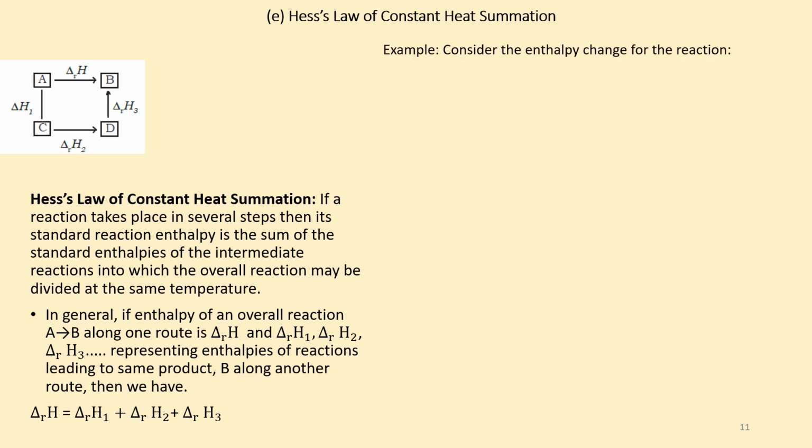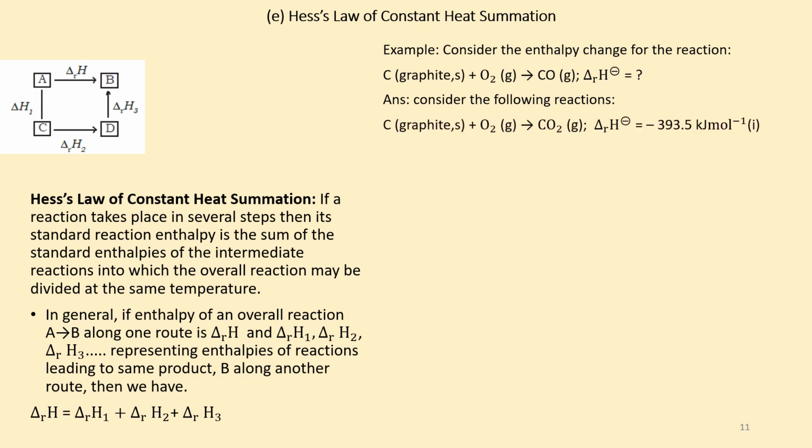Consider the enthalpy change for a reaction as an example. The reaction: carbon, graphite in solid state, combines with oxygen in gaseous state to form CO gas, and we are required to find delta rH. Consider the following reactions.